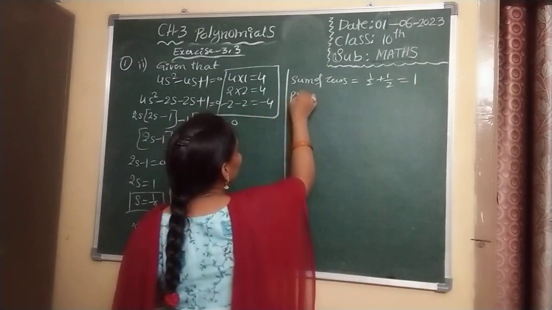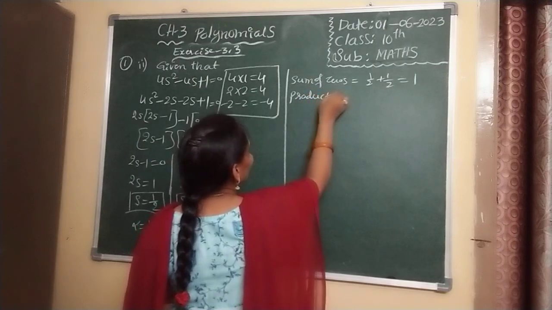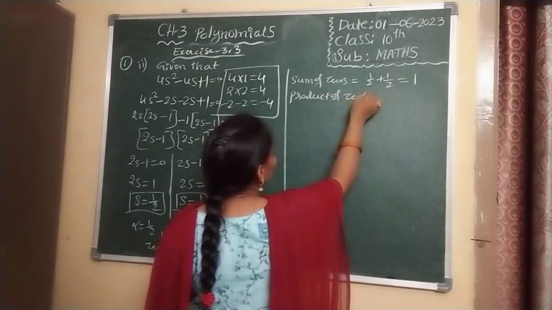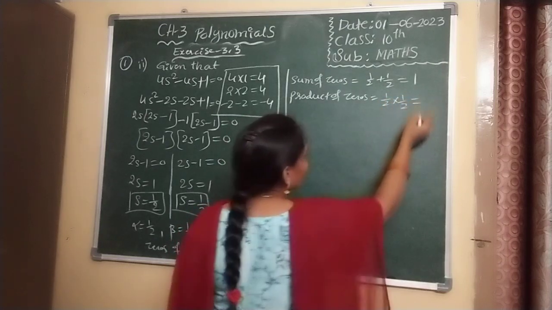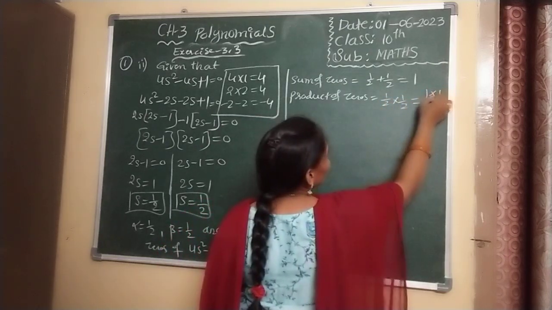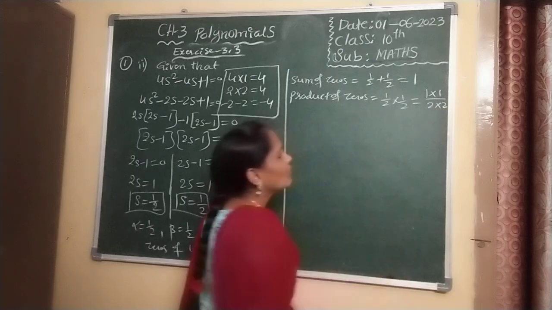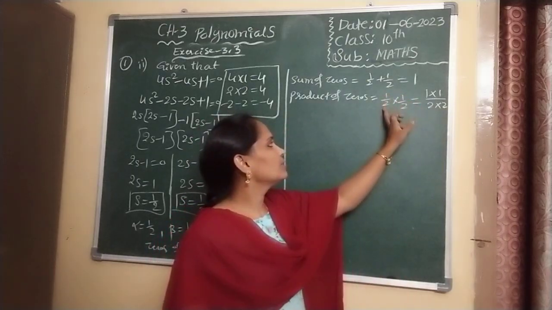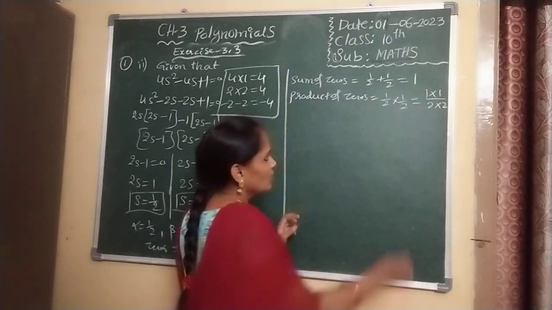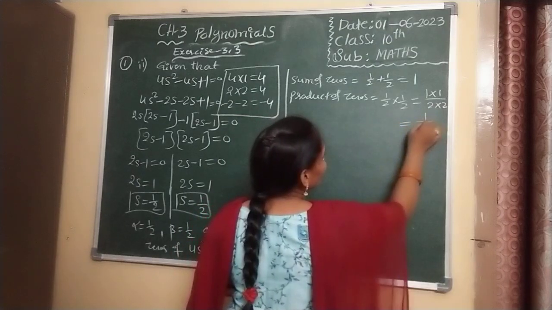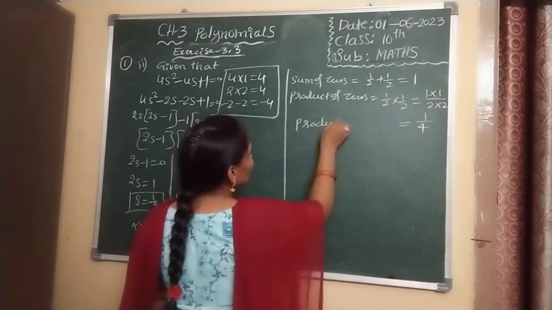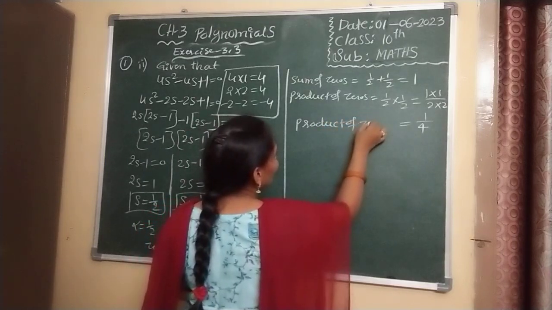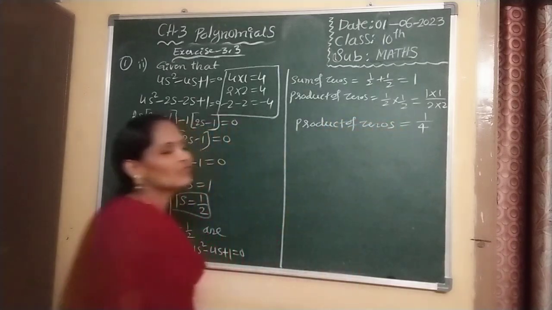Product of zeros: half into half. So 1 into 1 by 2 into 2, because product of numerators by product of denominators. Both we are multiplying, 1 by 4. So product of zeros we got 1 by 4.